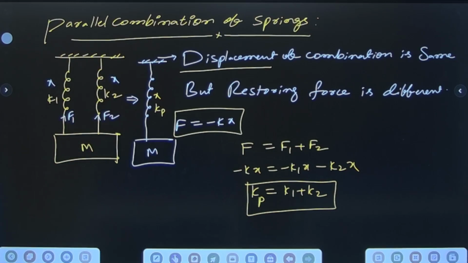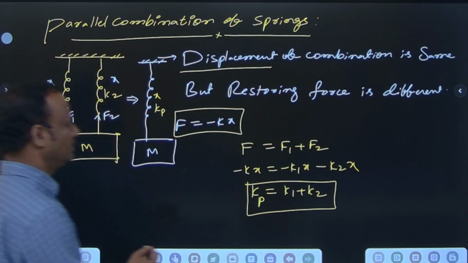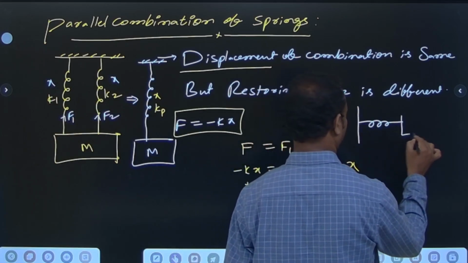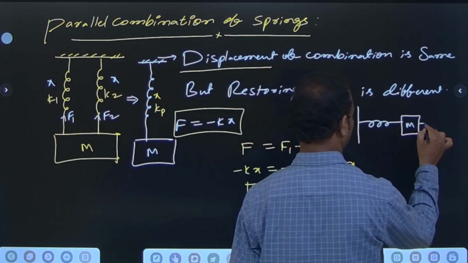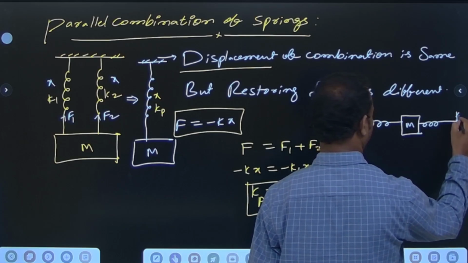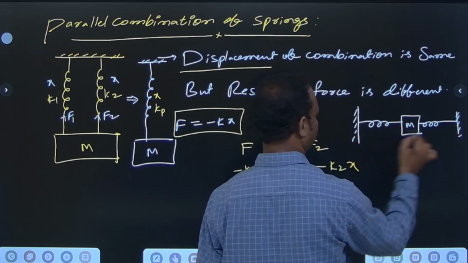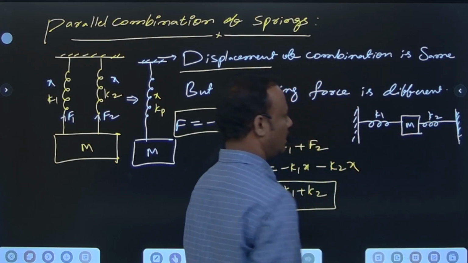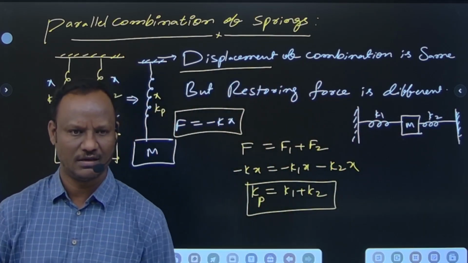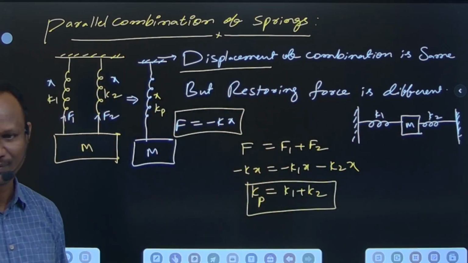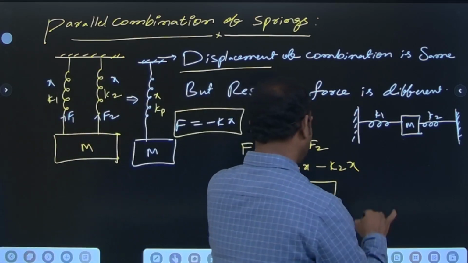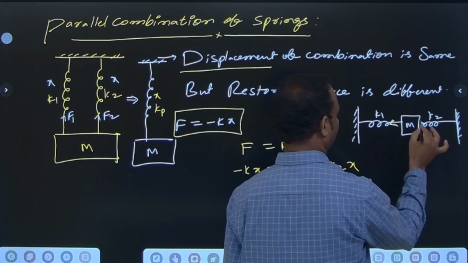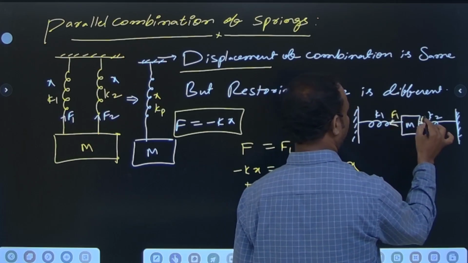In the parallel combination, here is the mass, and it's K1 and K2. Are these two in series or parallel? It looks like series, but it is parallel because different forces are there, F1 and F2.